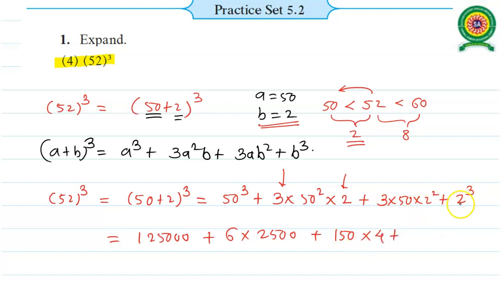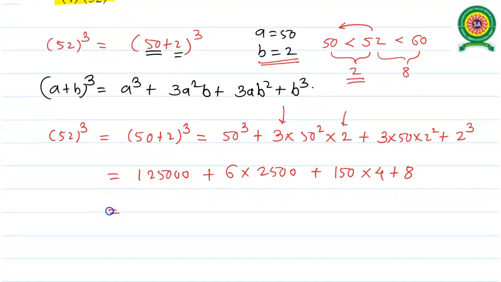Now 2 cube becomes 2 twos are 4, 4 twos are 8. Try to simplify it. We are getting 1,25,000 plus 2,500 into 6, so that we are having 15,000. Next to it 150 into 4 we are getting 600 and plus 8 as it is.